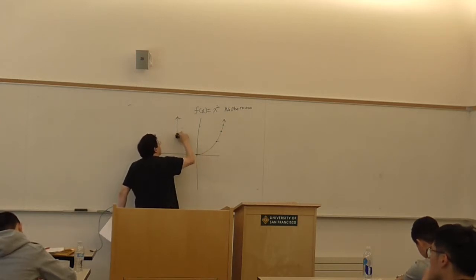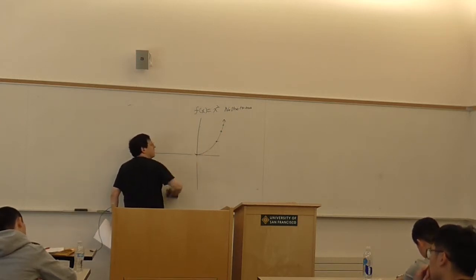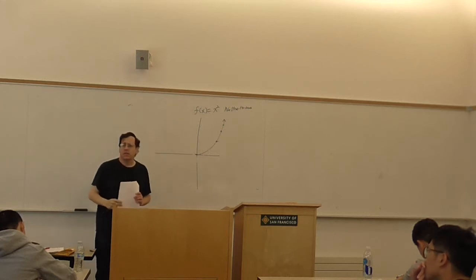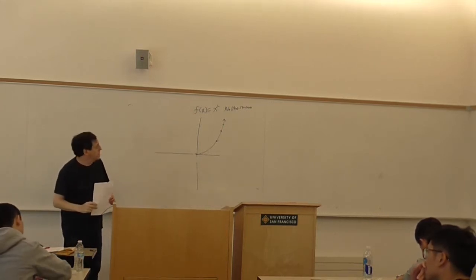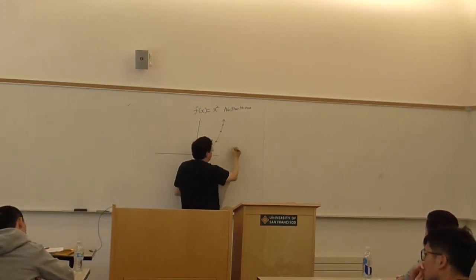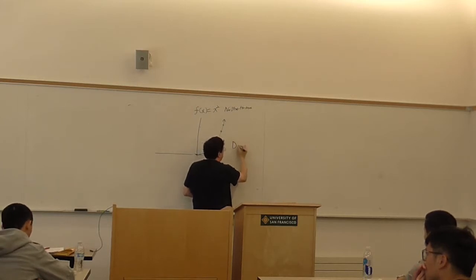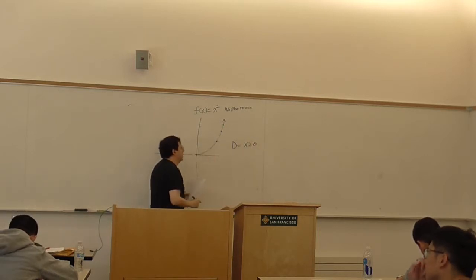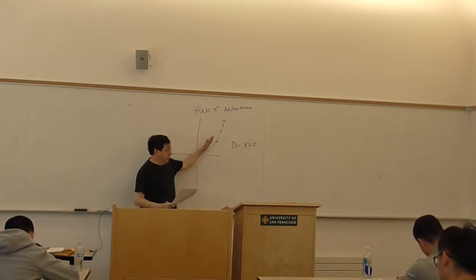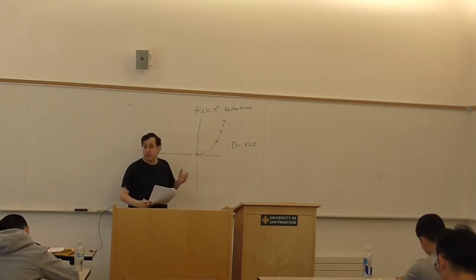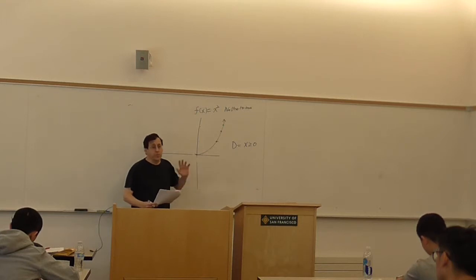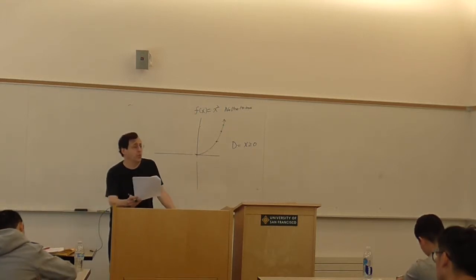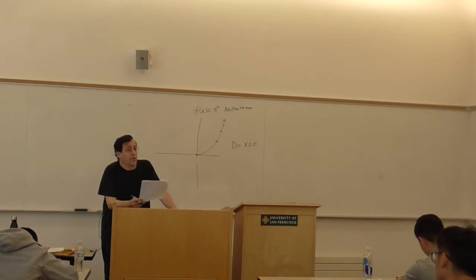I just kind of erase this. What did I do? I changed the domain, right? Domain is now x greater than or equal to 0. Now it's increasing, and it's also one-to-one, right? So sometimes you can take a function that's not one-to-one, and you can make it one-to-one.